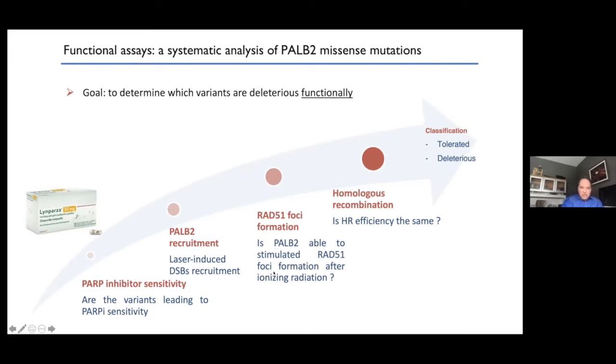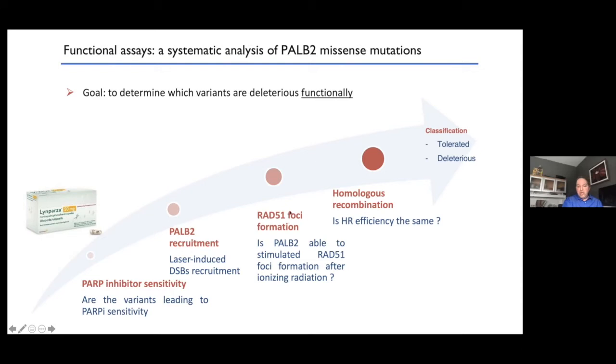So we started with a PARP inhibitor sensitivity test, and then we used several downstream assays to confirm that there was indeed an effect in the functions of PALB2. So we look at the recruitment of PALB2 to laser-induced double-strand breaks. I'll show that a bit later.